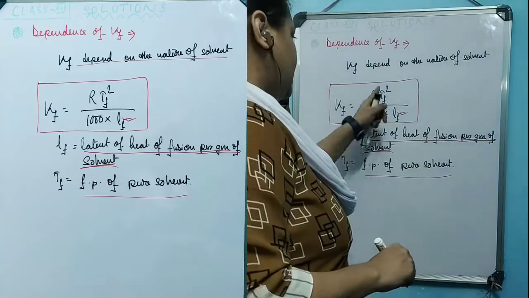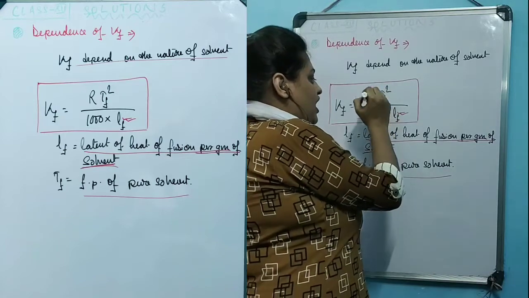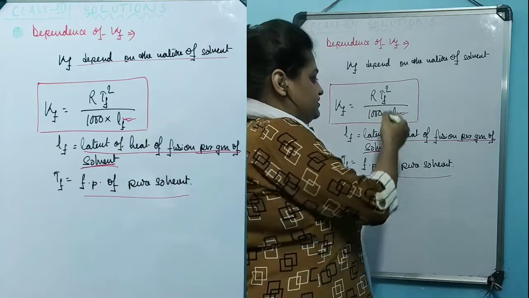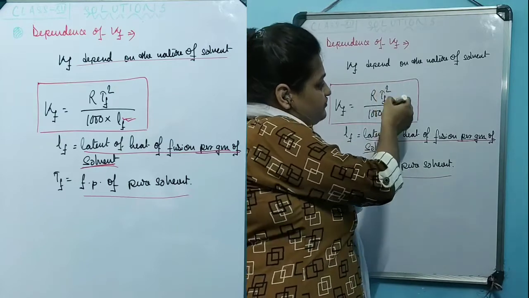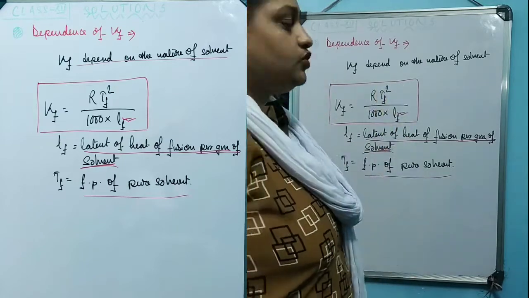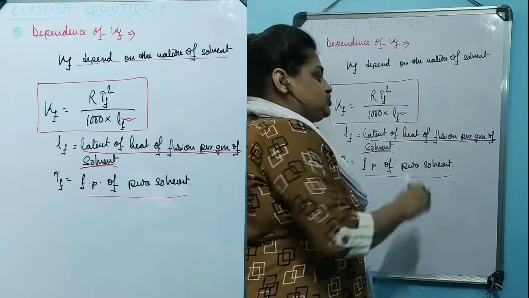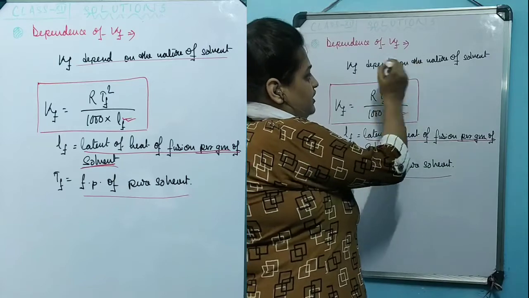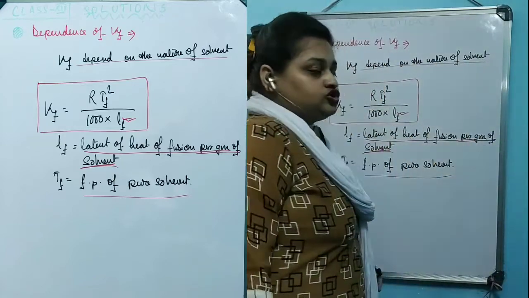Now both of these terms are variable, whereas R is the gas constant and there is only 1000, this magnitude is there. Tf and Lf are the two variables which depend on the solvent that has been taken. That's why Kf depends on the nature of the pure solvent.